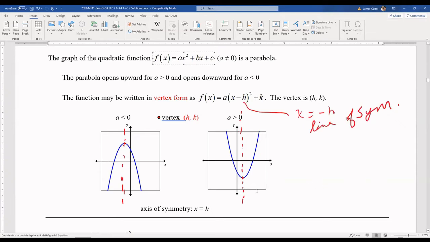Now, if you take this value, the opposite of the sign, and substitute it into the original equation, then you can get the y value, which is the y value of the vertex.